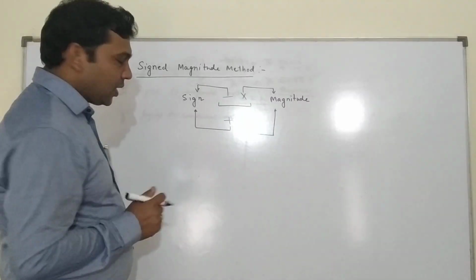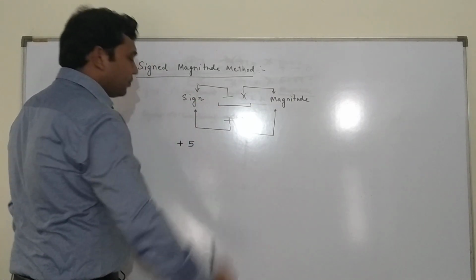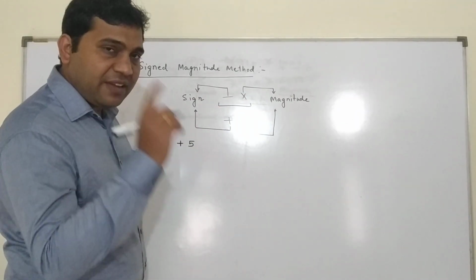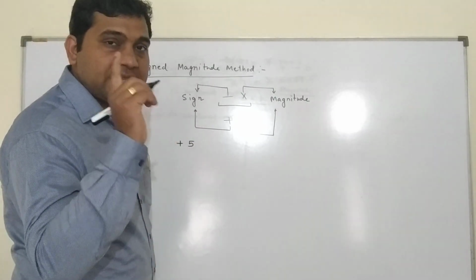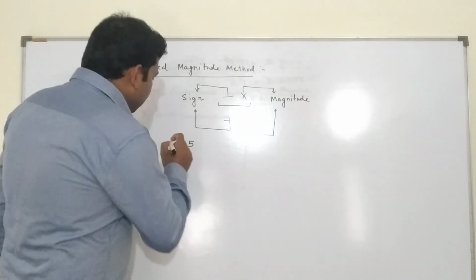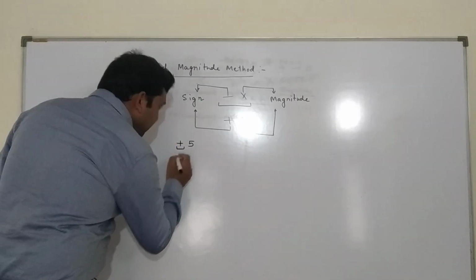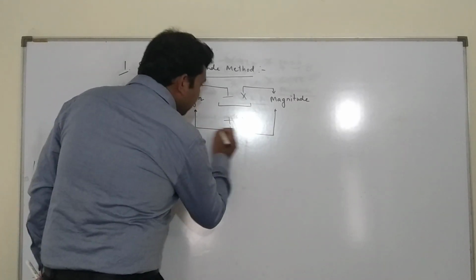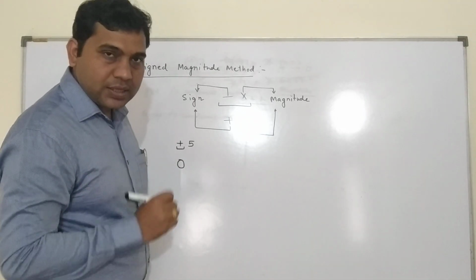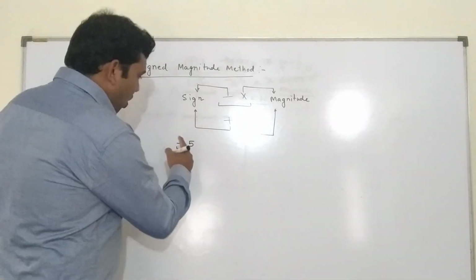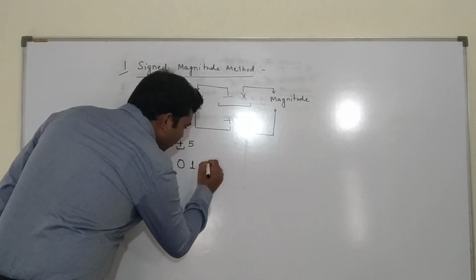For example, suppose I wanted to write plus 5. Now, the very first bit, or you can say the leftmost bit, or you can say the most significant bit, is reserved for the sign bit. So for plus, as I already told you, the bit is 0. This is for sign. Now, find out the magnitude of 5, which is 1, 0, 1.